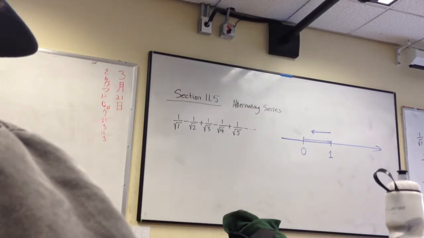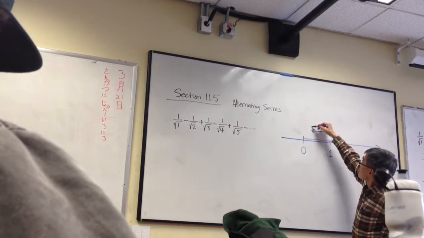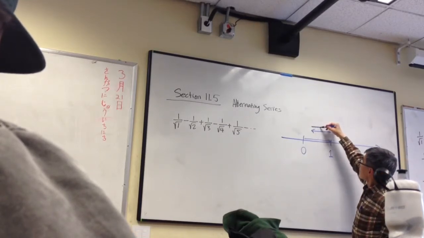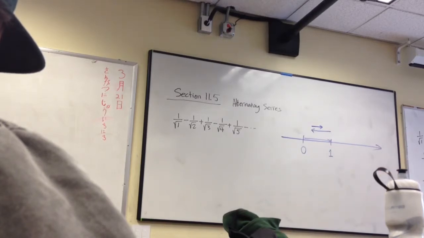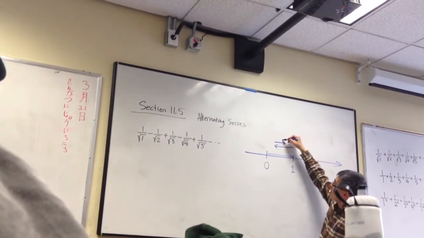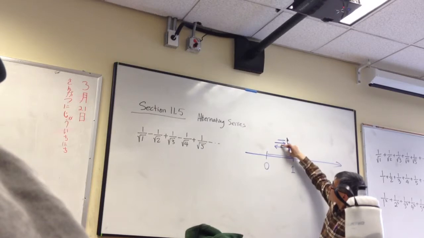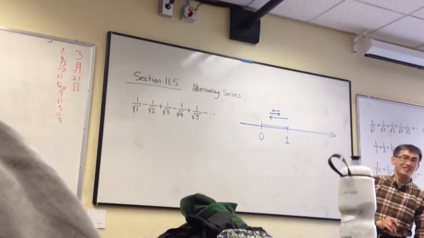What's the next step? Third term. To the right. Somewhere. So in the next term, what happened? To the left. How long? Not as long as this one. See the picture?